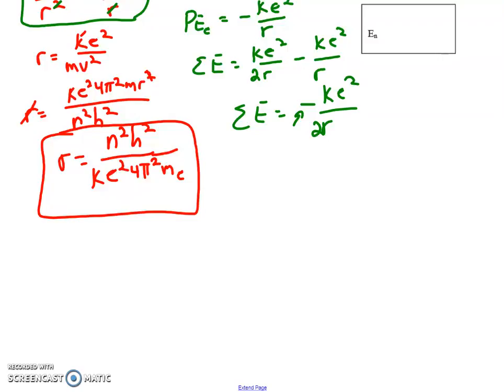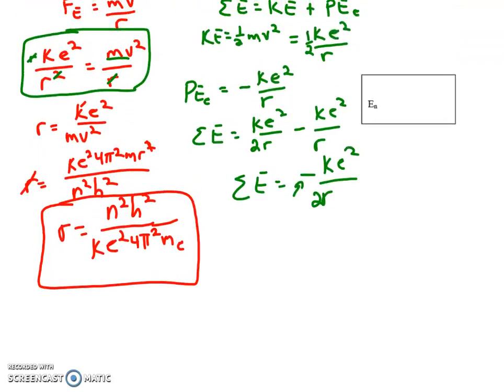So if I substitute in our R equation into right here, I will get this mess where it says that the total energy, I'm just going to write that as E right now, at some quantum level is equal to, so I'm going to do this all in one step and then break it up, negative 4 over 2 pi squared K squared E to the 4th times the mass of an electron all over N squared times H squared.